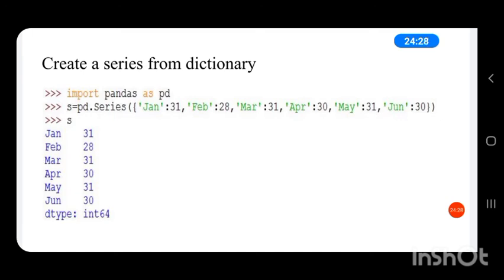So Jan points to 31, Feb corresponds to 28, March points to 31, April points to 30, May points to 31, and June points to 30. So we can create a series from a dictionary.